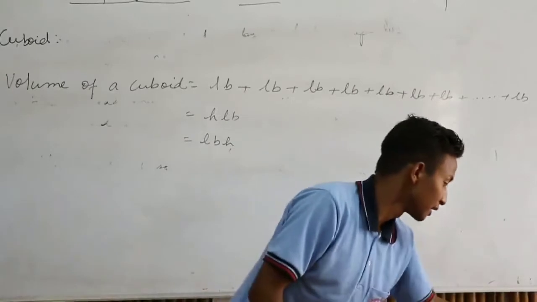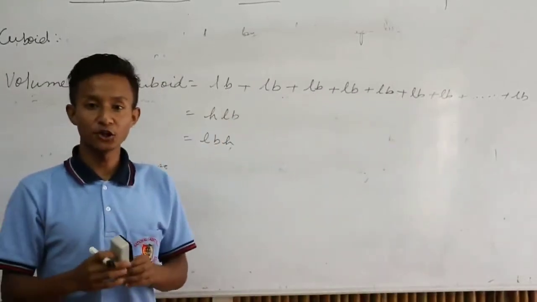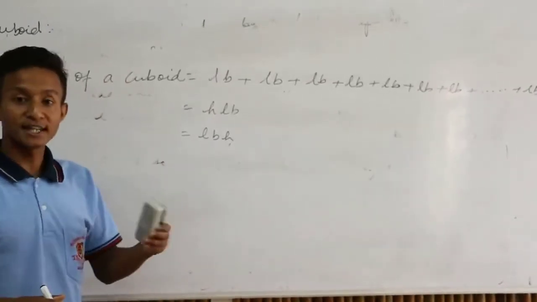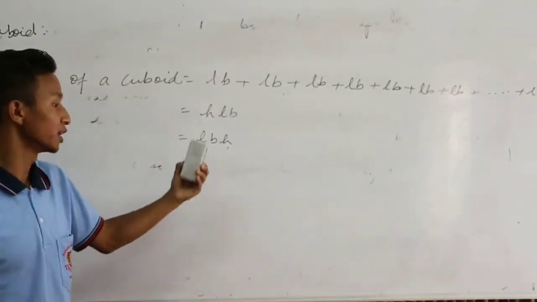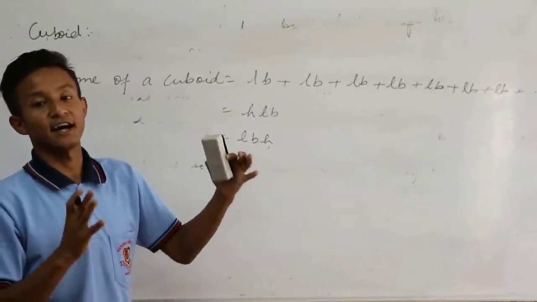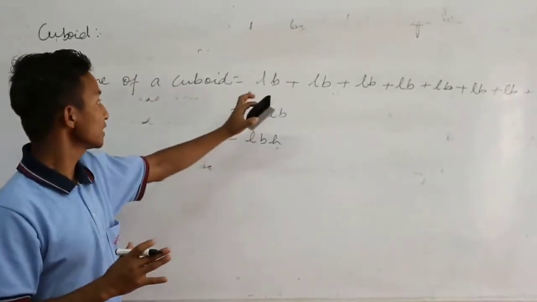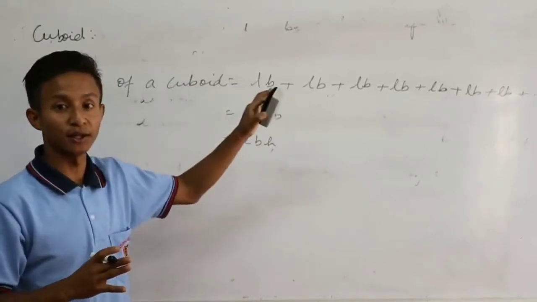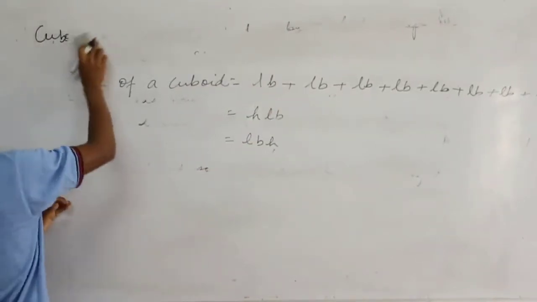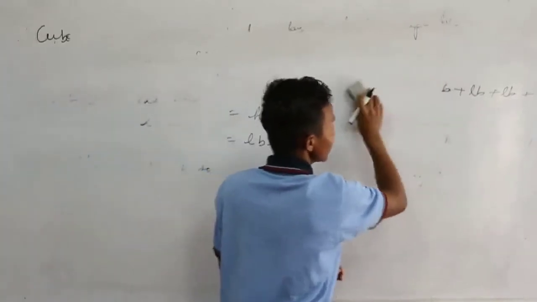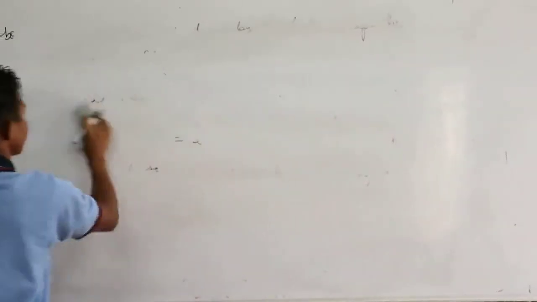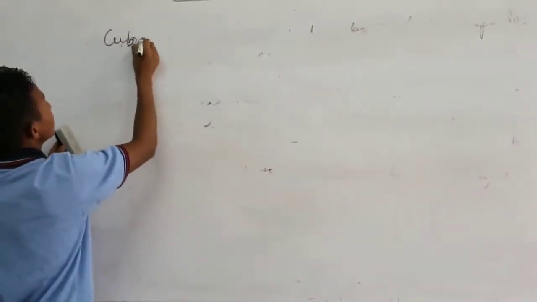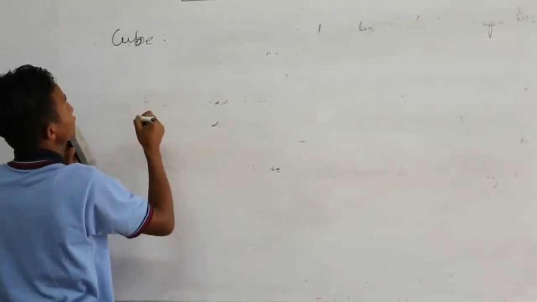Next, the total surface area of a cube and the volume of a cube. A cube is nothing but a special case of a cuboid in which all the sides are equal. So we make the length, breadth and height equal. That is a cube.